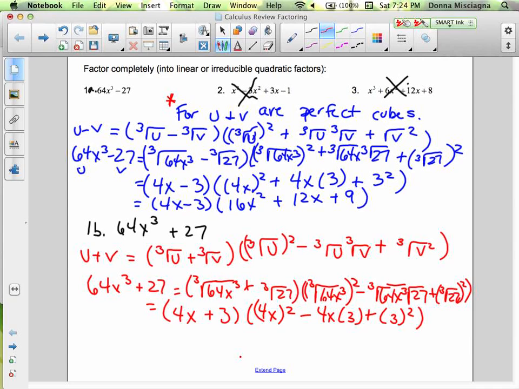And then we'll simplify. Equals 4x plus 3 times 16x squared minus 12x plus 9.